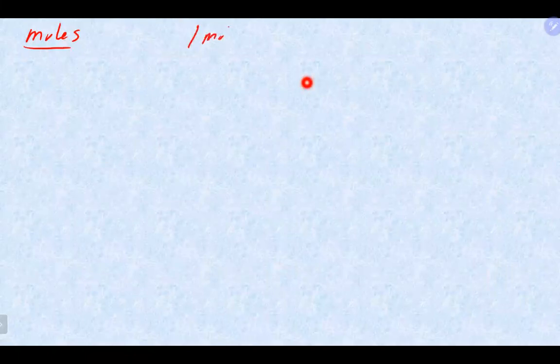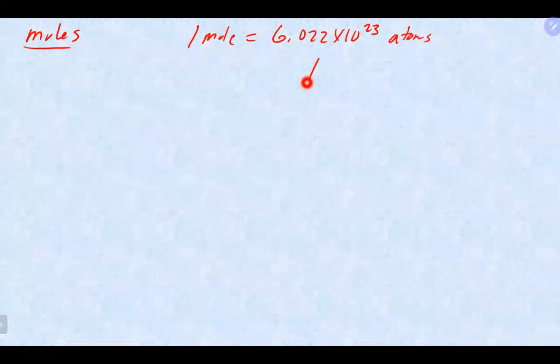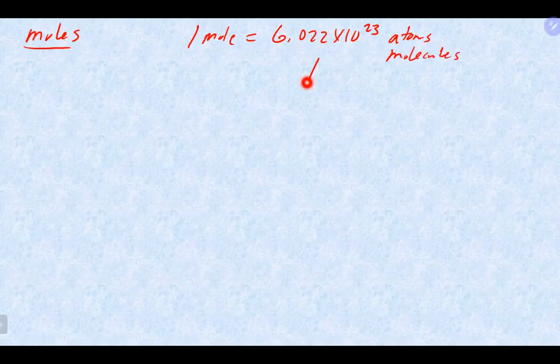When we say a mole, it also represents a numerical value, and that numerical value is Avogadro's number. So 1 mole of anything equals 6.022 times 10 to the 23. The units associated with this, for the most part in chemistry, are atoms and molecules.